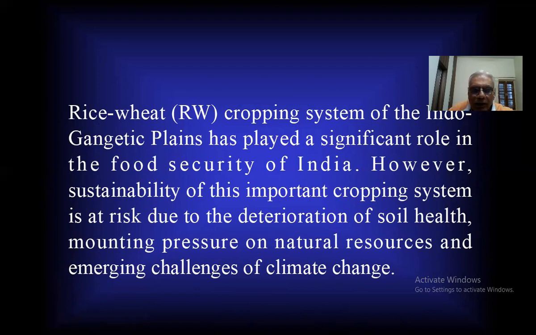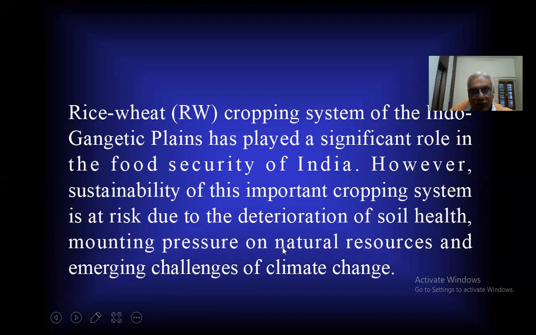Because they are growing continuous cereal crops, rice and wheat, throughout the year. Obviously, both crops require more nutrients. So in the soil you will find multi-nutrient deficiency: zinc deficiency, iron deficiency, nitrogen, phosphorus, and so on.